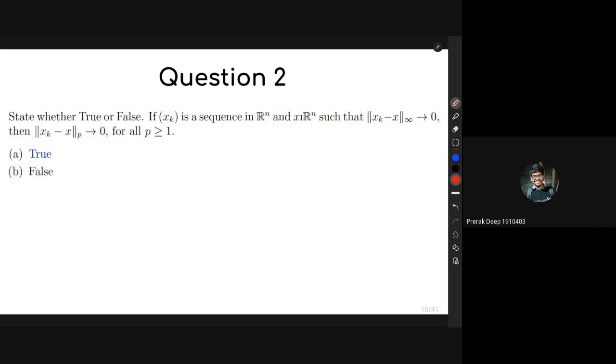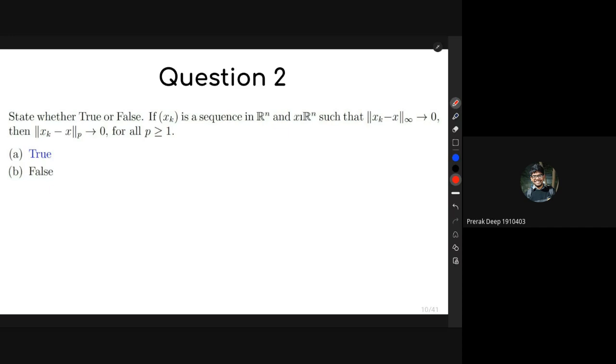If x_n is a sequence in R^n and x belongs to R^n, such that x_n converges to x under the infinity norm, or the supremum norm, then the question is, does x_n also converge to x under the p norm? That is the question.